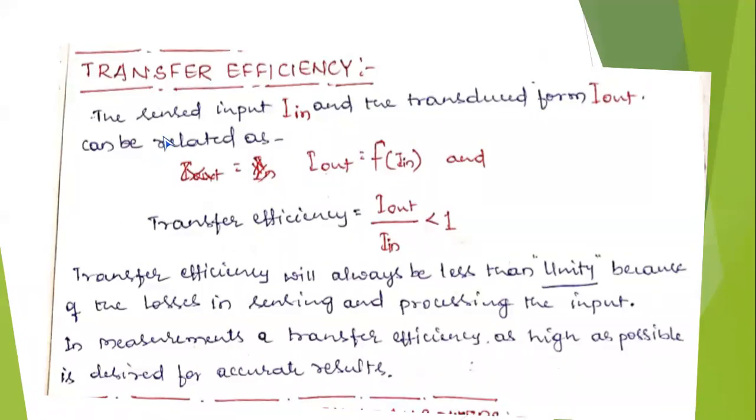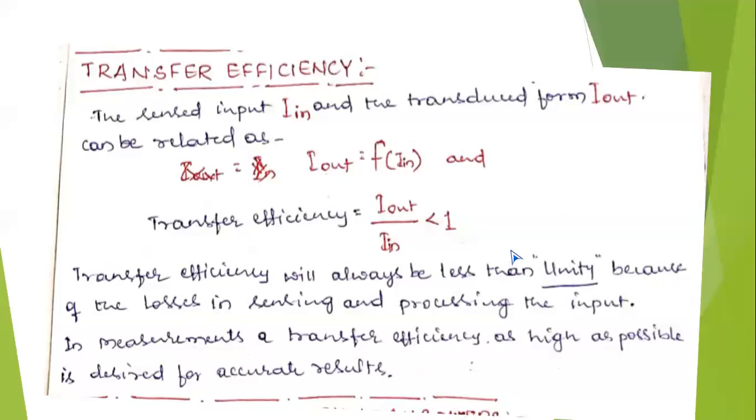First, consider what transfer efficiency is. The transfer efficiency can be defined from the input I in to the transduced form I out. I out, the output from the transduced form, is a function of I in, and the transfer efficiency is defined as the ratio of I out to I in.